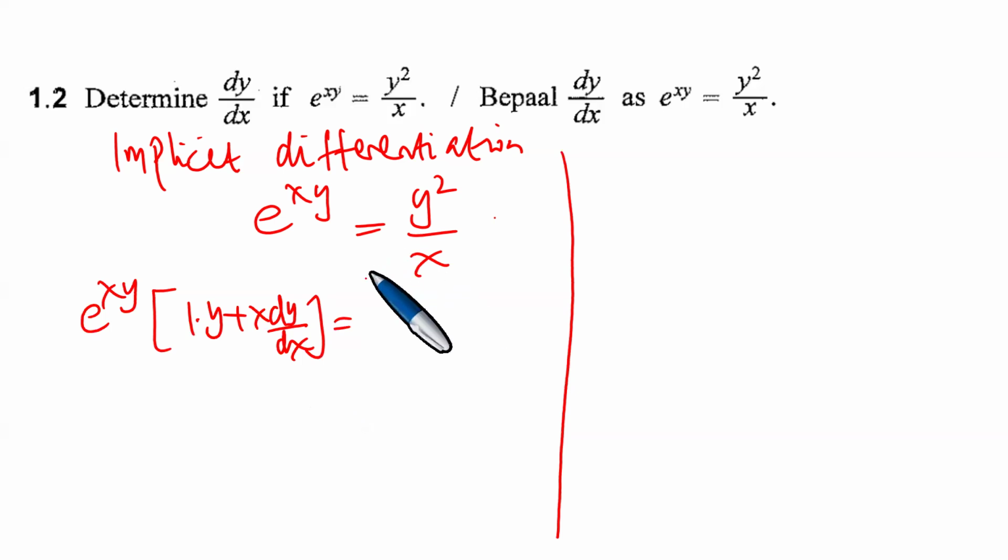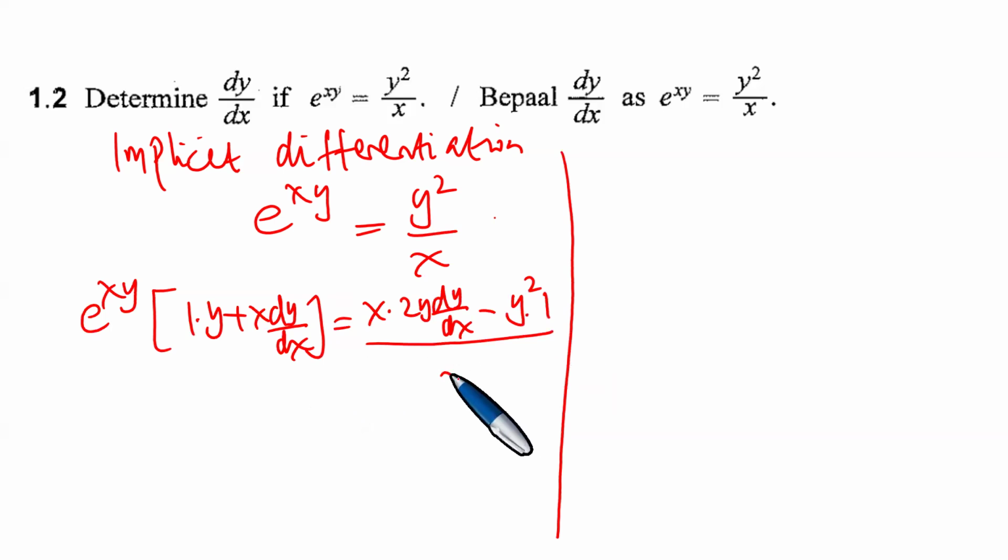Now for the right side, you take the denominator, multiply by the derivative of the numerator. That is x times 2y dy/dx, minus y squared times the derivative of the denominator, which is 1, all divided by x squared. So this is what you get.